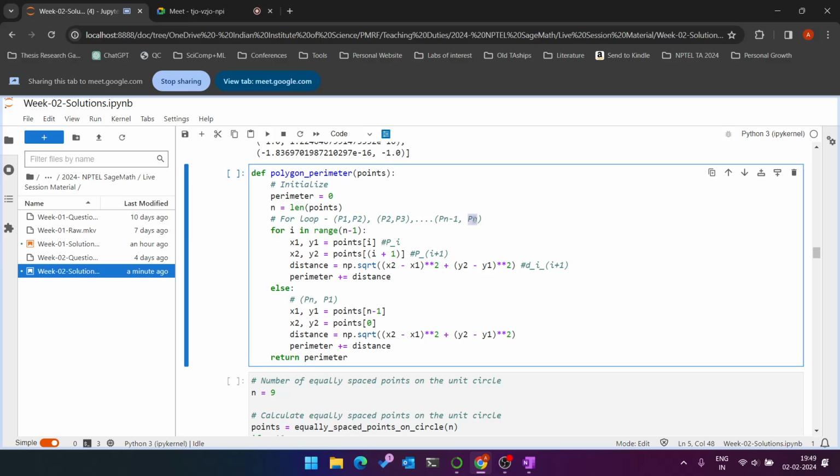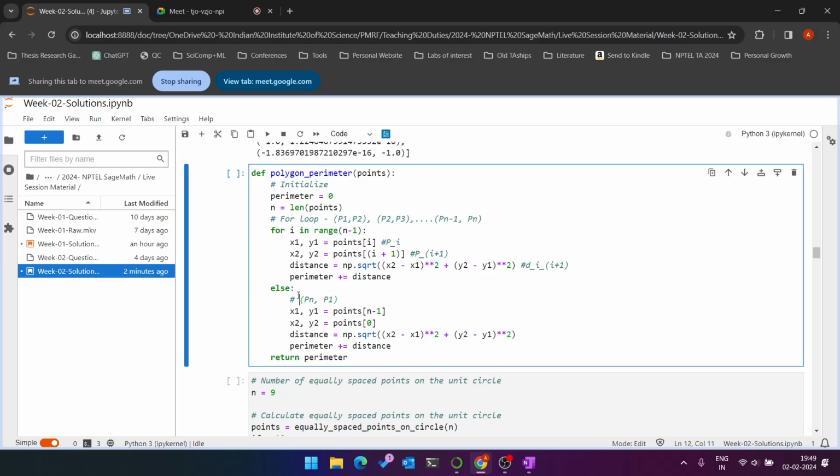Pn being the last point, our maximum value of i will be restricted to n minus 1. We calculate Pi coordinates, we calculate Pi plus 1 coordinates, then we calculate the distance between those 2 points, which is the length of the side, and add this side length to our variable perimeter.